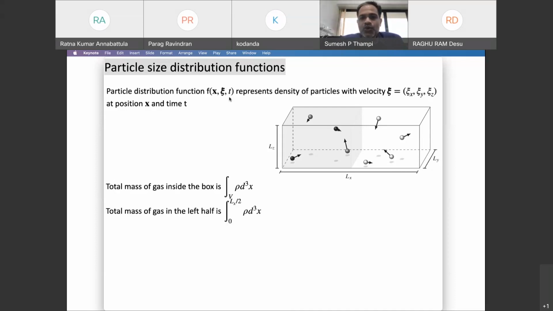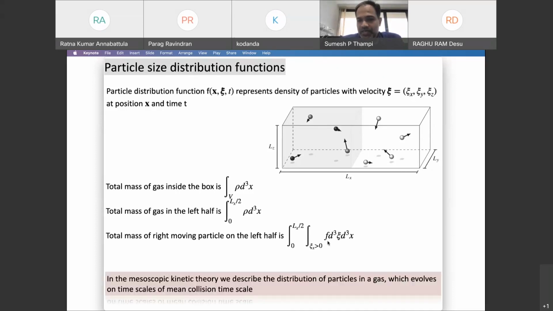Just the way that if you have density and you integrate it over the volume, you get mass, similarly, if you have the quantity f, you integrate in the velocity space and in the physical space, and you get the mass, because f is defined in both velocity space and physical space.